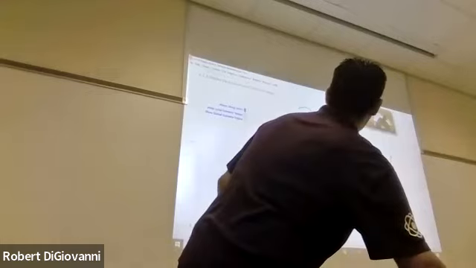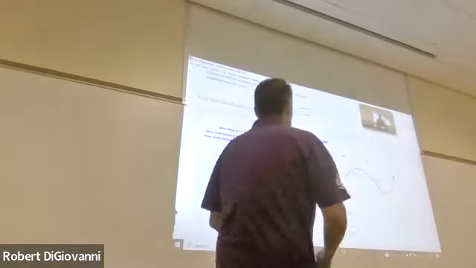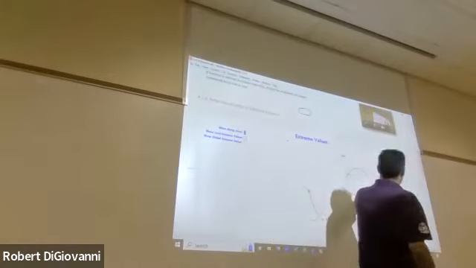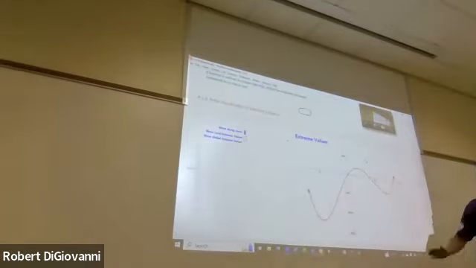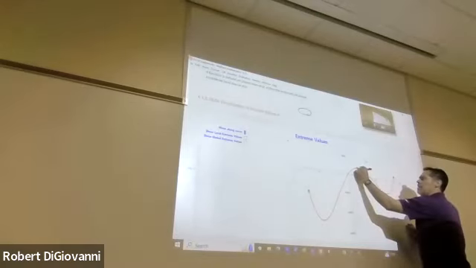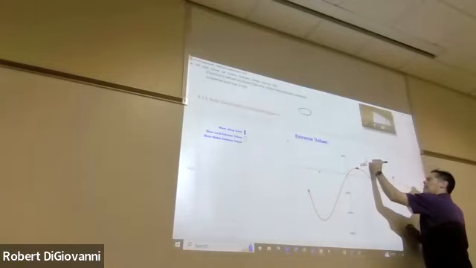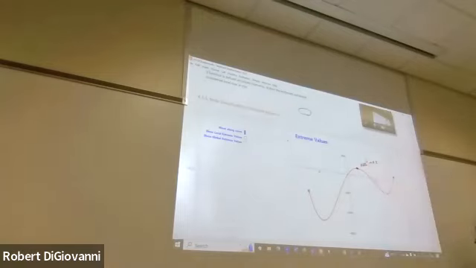So look at this right here. That is a function that is defined, starts and stops. Let's start by identifying the absolute extremes. We already did that right here. That right there is the absolute max.